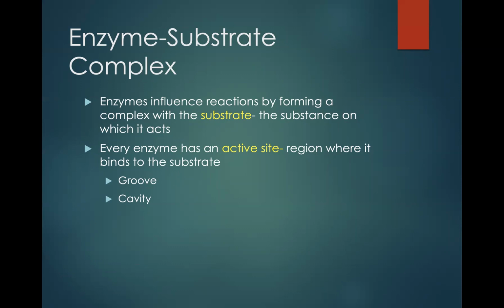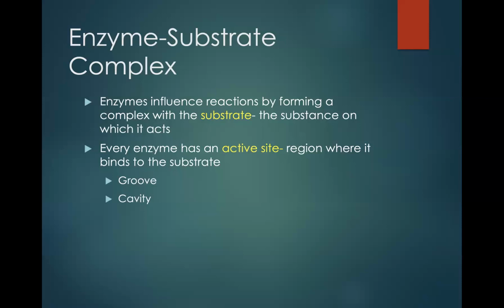Your enzyme has a place where this substrate binds, and that place is called its active site, or some textbooks refer to it as a catalytic site. The active site is the place on the protein, on this enzyme molecule, where the substrate binds, okay? And it's going to form an enzyme substrate complex.